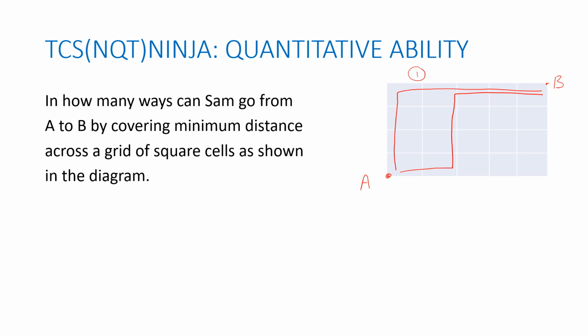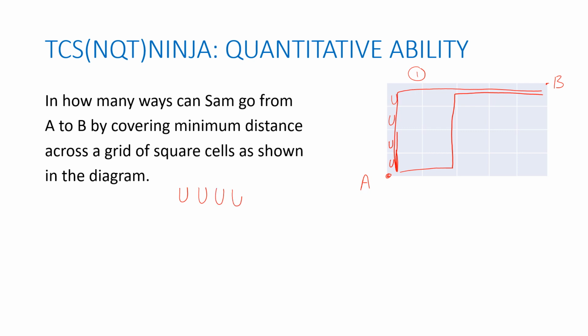Now, what was it? In the first way, can I say it like this? First, he goes like this. This is an upward transition, followed by again an upward transition. This was the first upward. Then again an upward transition, and then again an upward transition.